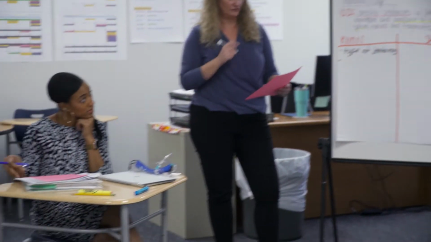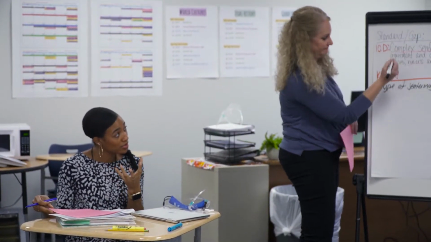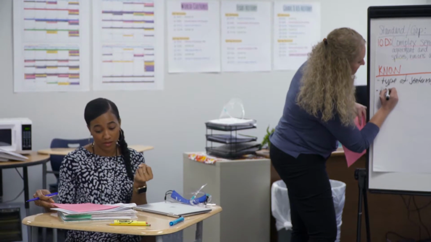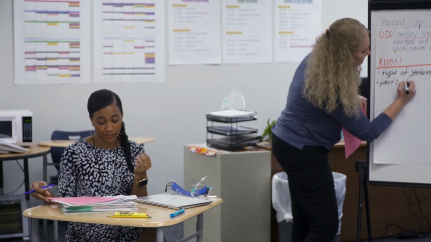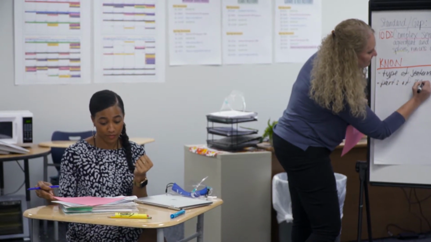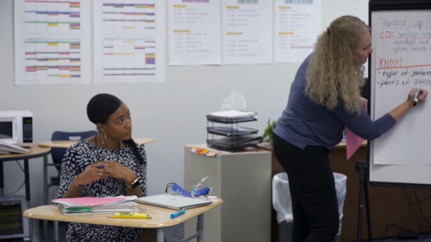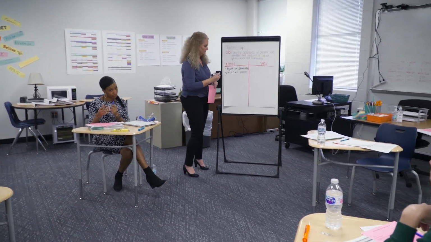What about, since we have subject-verb agreement, do we know parts of speech? We know for our LEP students, that's something they're still learning, so definitely. Common rules? Yeah, common rules.